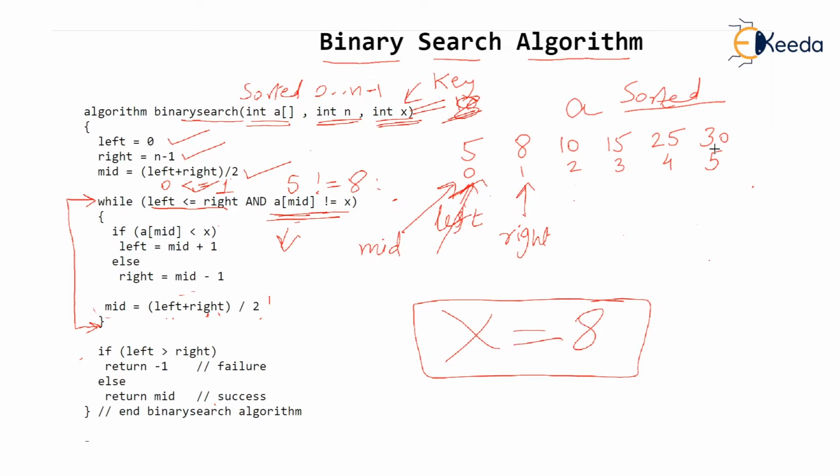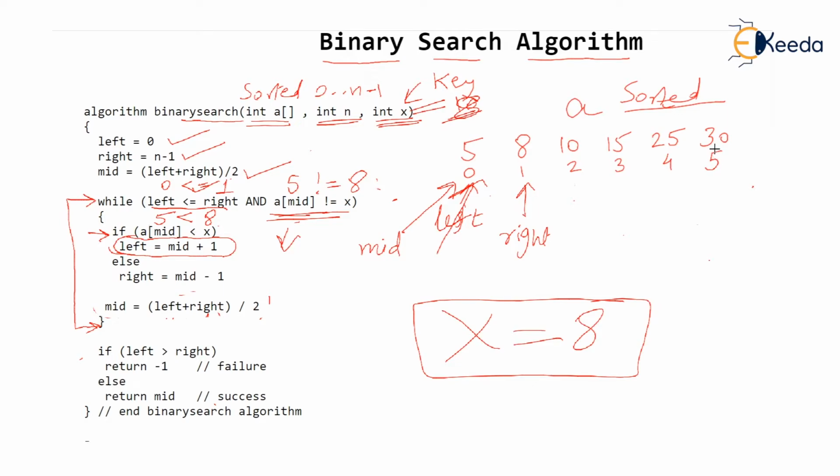So we will go with the if again. If a of mid is less than x, now notice a of mid is 5. Is it less than x? x is 8, which is true. So surely 8 must be to the right of midpoint. Hence we make left equal to mid plus 1. So now here gets the updation done.